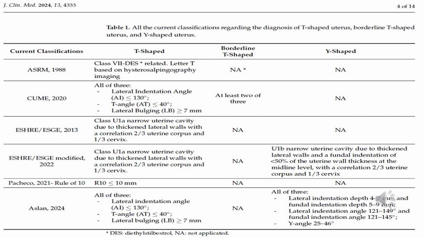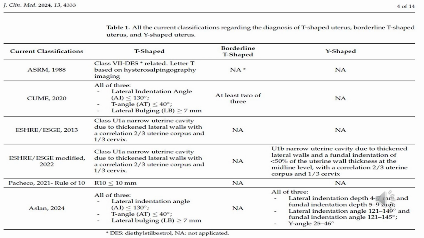So this led to a lot of subjective variation. Then came the Congenital Uterine Malformation Expert committee in 2020 that included three measurements, and then to simplify this, in 2021 Ludwin described a rule of 10, and in 2024 Alonso modified this CUME criteria and gave his own diagnostic criteria.